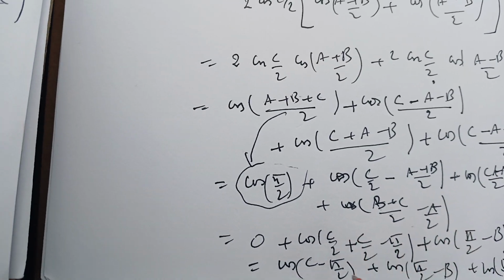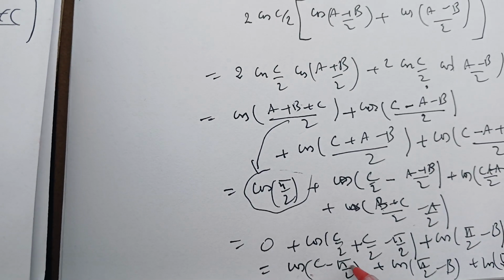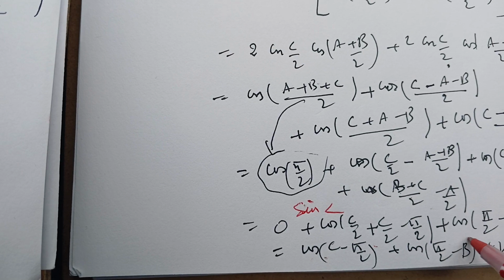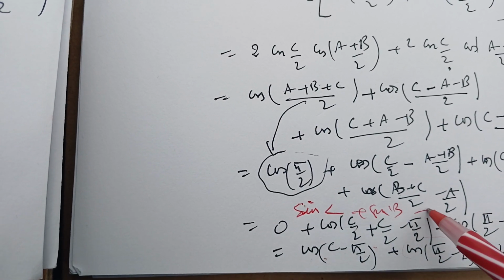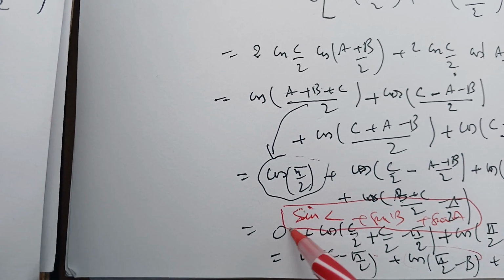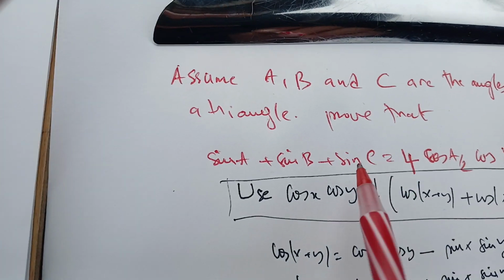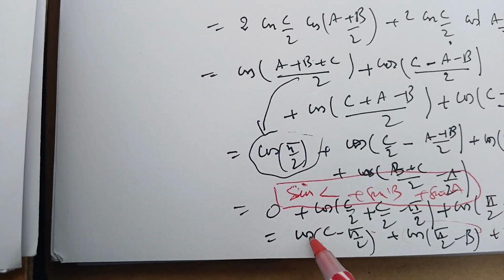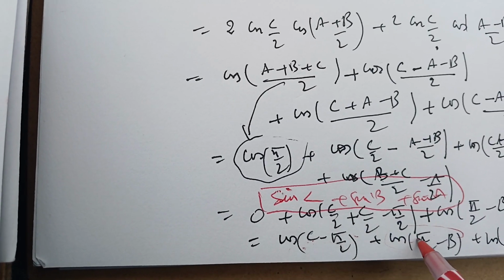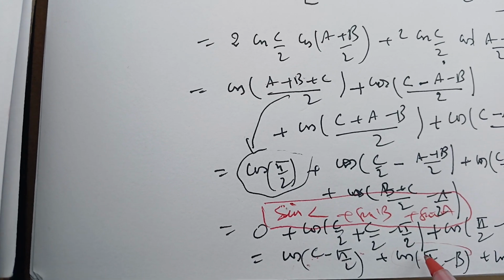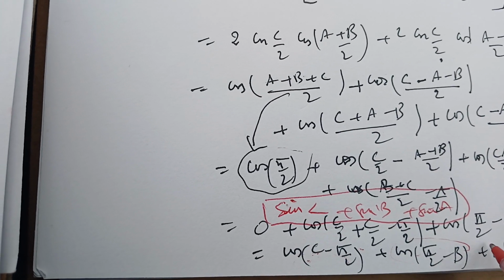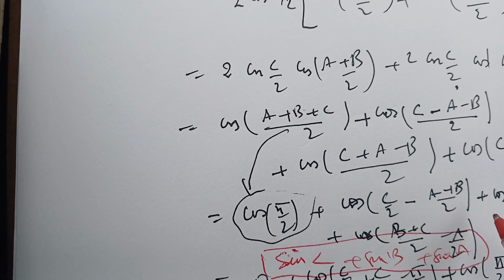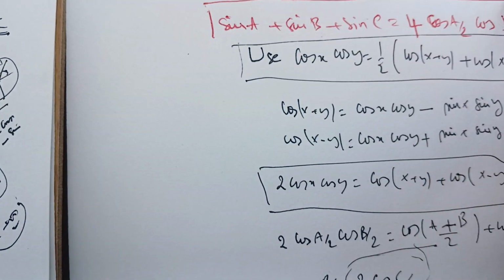Now I know the cosine of C minus pi over 2 is just the sine of C, this one is just sine of B, and the last one is sine of A. So this proves what I need: sine A plus sine B plus sine C. The key is that cosine of C minus pi over 2 is just sine C. Cosine of pi over 2 minus B is just sine of B, because cosine is even, so it's the same as cosine of B minus pi over 2, and cosine of A minus pi over 2 is just sine of A. Therefore, we have proven that this is true.